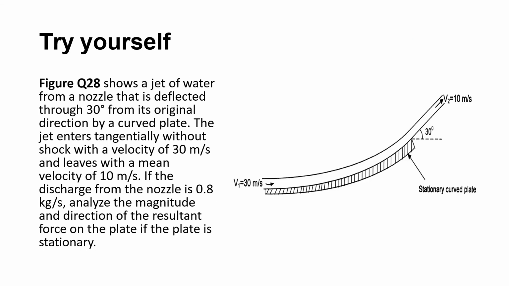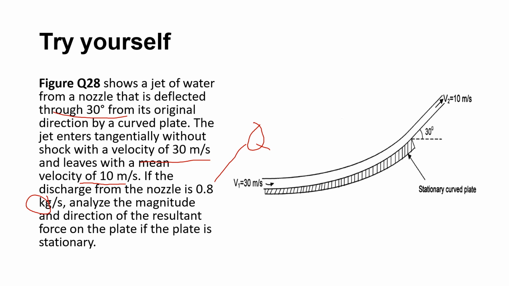Okay, this one also for curved surface. I need you to try by yourself. So the angle is given by 30 degree for the curved plate, and the velocity is given 30 meter per second for V1, and V2 is 10 meter per second. The Q is given by kg, so you need to change to meter. This is the Q, the discharge.